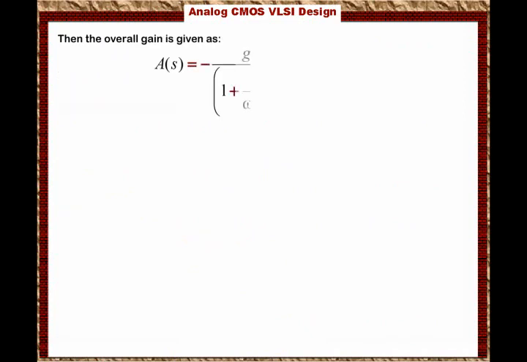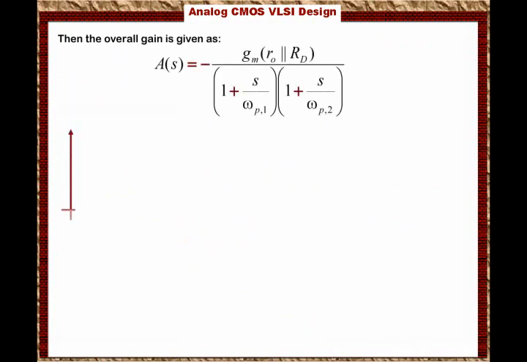If we plot the magnitude of the Bode plot for this amplifier, we will start with the DC gain, which is flat until we hit the first pole, and then we will drop at 20 dB per decade until we hit the second pole, and then we will drop by another 20 dB per decade. So you will have a total of 40 dB per decade after the second pole.